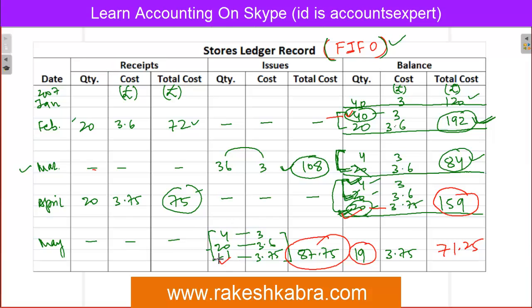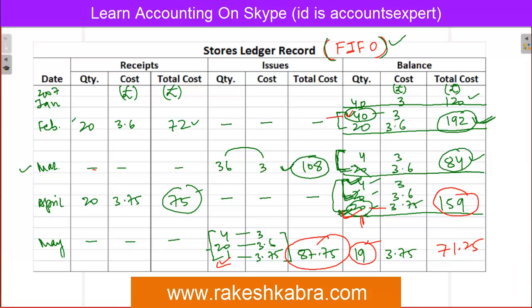So what I was explaining: from this lot 1 unit we sold already, so 19 units are left. Okay? After issuing, only 19 units are left from this lot, and the rate we have to apply is 3.75. Now multiply 19 by 3.75 and you will get 71.25.